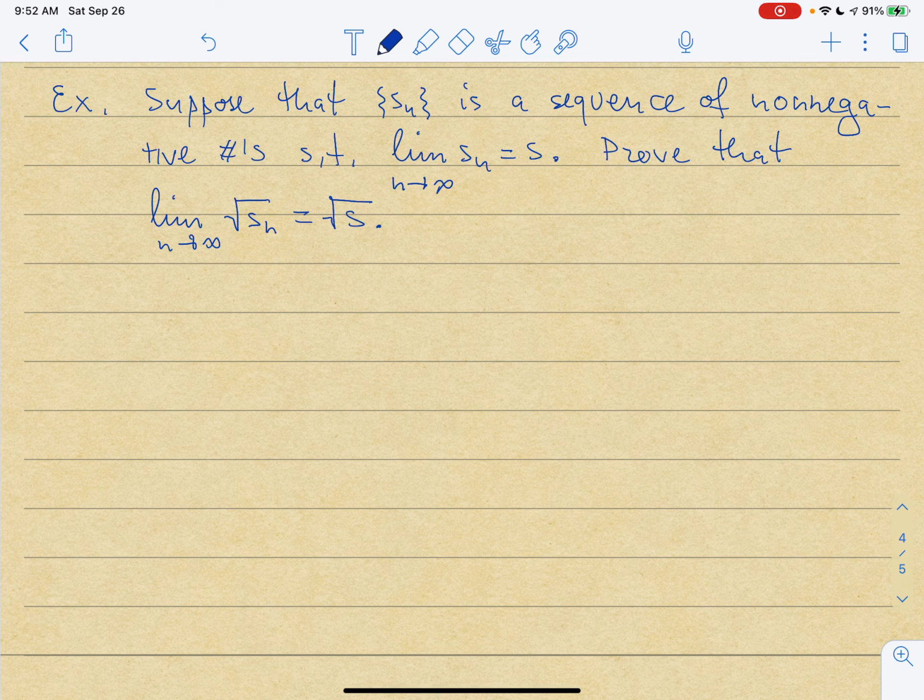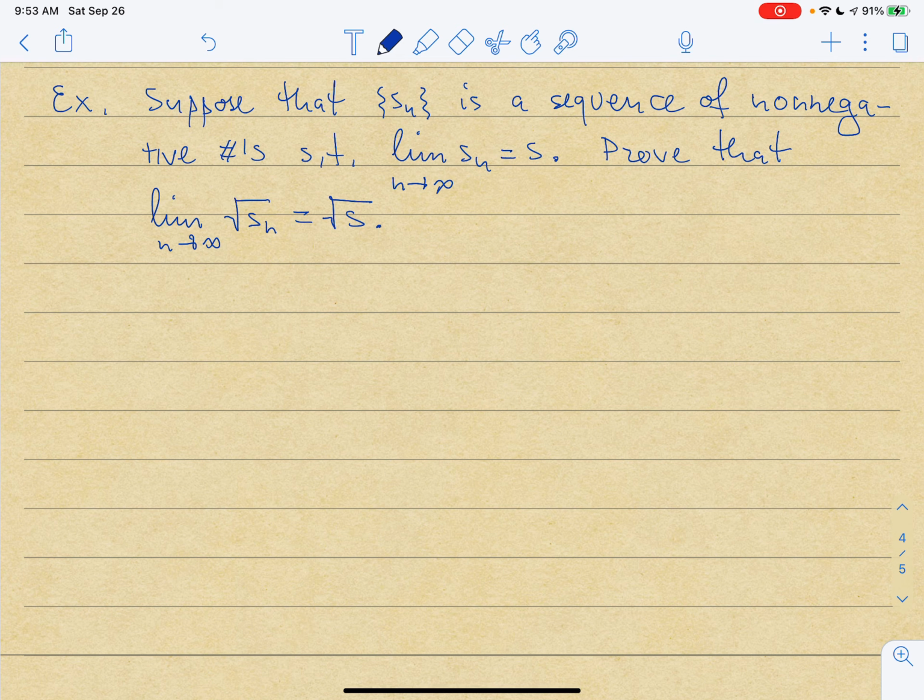Now, the difference between this problem and the other problems that I have done so far is this: for previous problems, like when I was computing the limit of 1 over n, I dealt with an Sn for which I knew the equation, so it was easy for me to find capital N's to fit the definition.